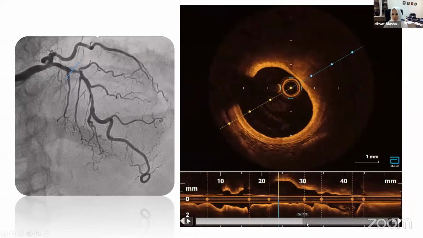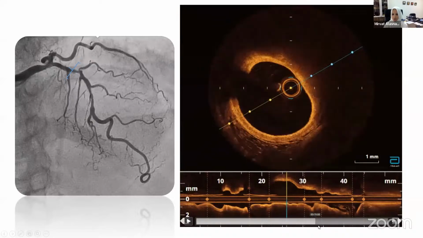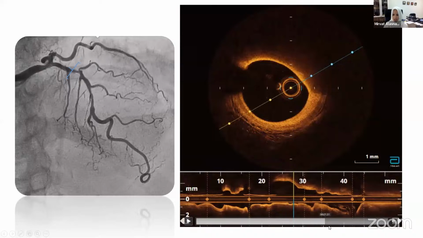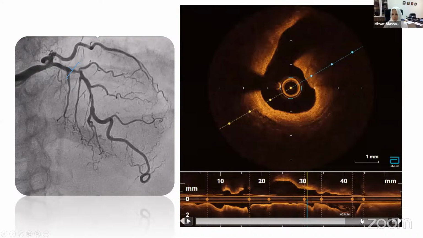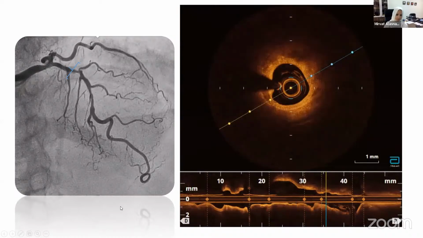And you keep going, and you don't see a whole lot of calcification. You do see some fibrotic tissue and interspersed fatty tissue. And here again, about 4 o'clock to 5 o'clock, you see some calcification. And we keep going to the rest of the vessel. So this was the segment that we interrogated by optical coherence tomography.